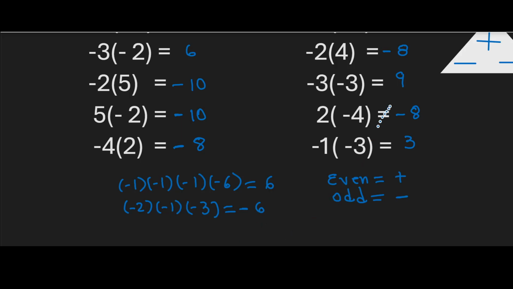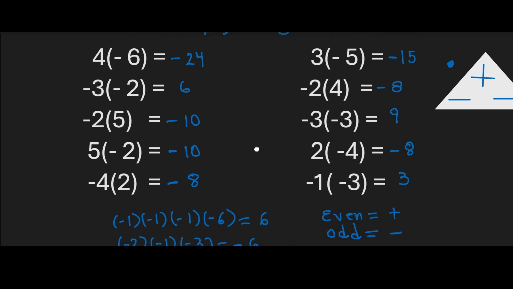So you can do it this way using the triangle, or if you remember all of this, then you should get the same answer. For example, going back to this, how many negatives do we have? Only one. Okay. And number one is an odd number. So the answer should be negative.